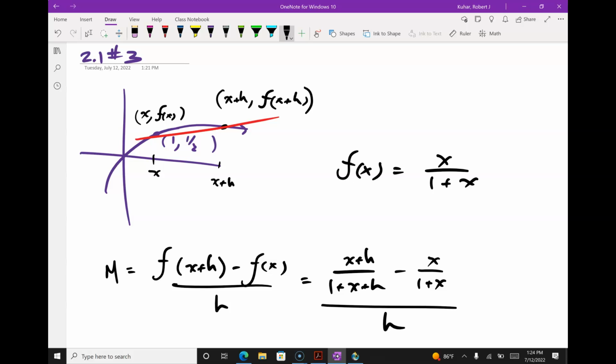Instead of x, I wrote 1 plus x plus h. Instead of x, I wrote x plus h. Minus the function, all divided by h.